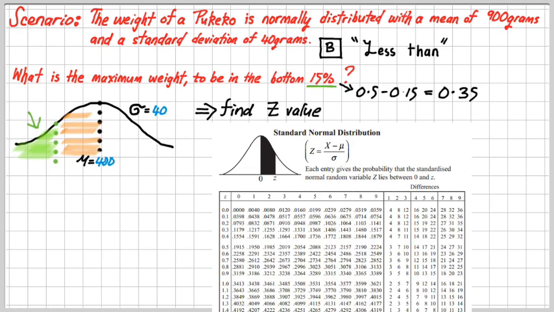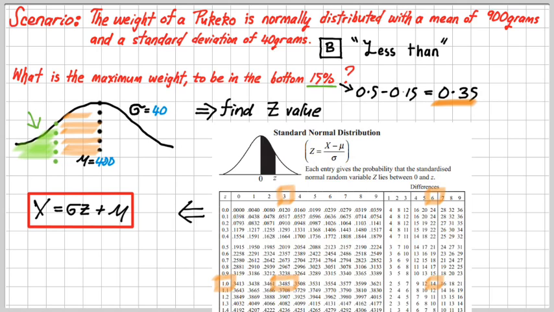What is the closest number we can find in the body of the table? 0.3485. Now in order to get as close as possible, we need to add the number 14, so we'll end up with 0.3489, which is the closest we can get. So our Z value now is 1.036.